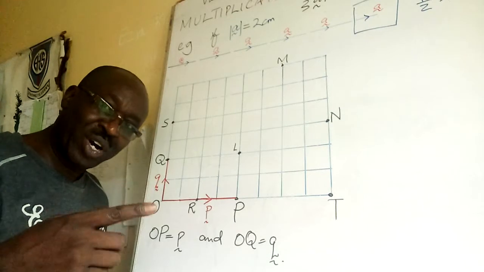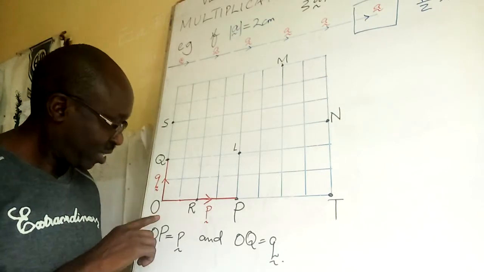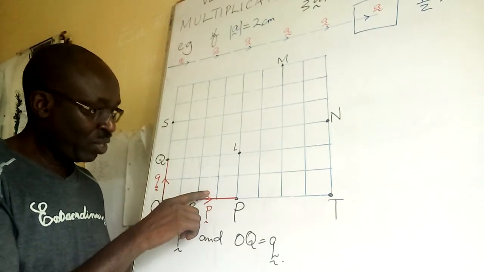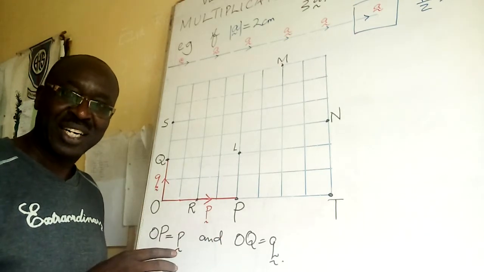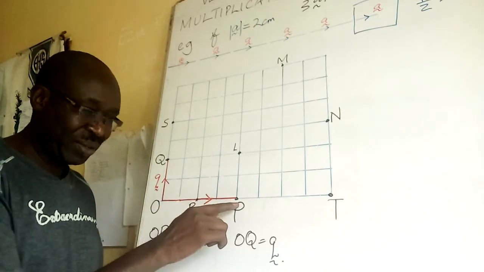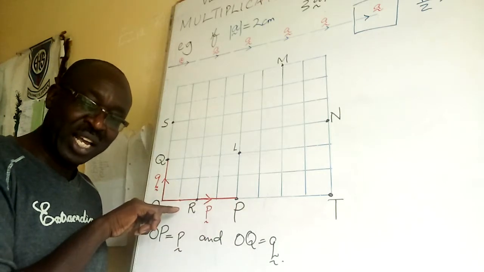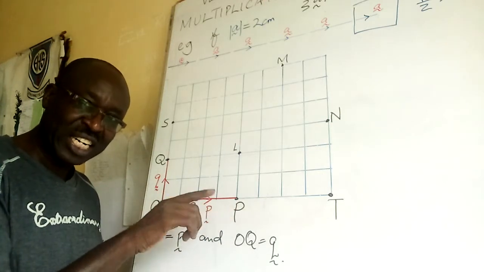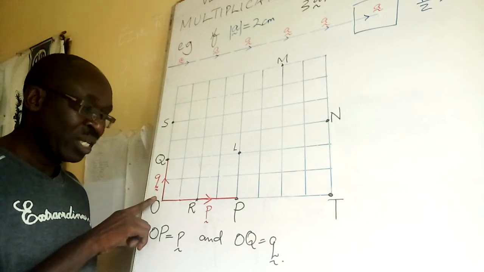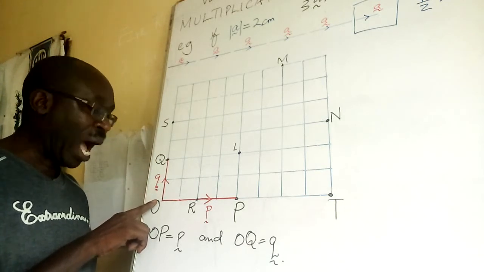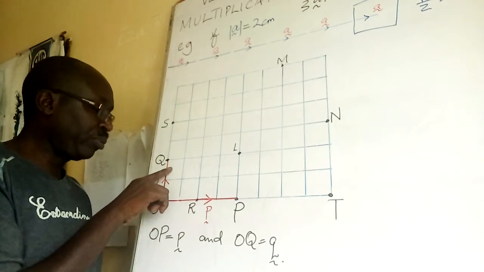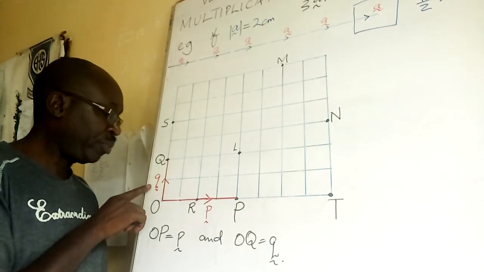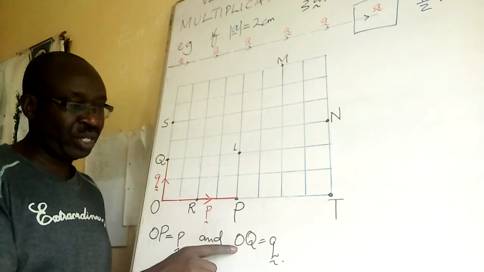In this, you can tell the size. So 1, 2, 3, 4. So let us say it's 4 centimeters in the direction towards the right is P. Anything upward 2 centimeters shall be called vector Q here.